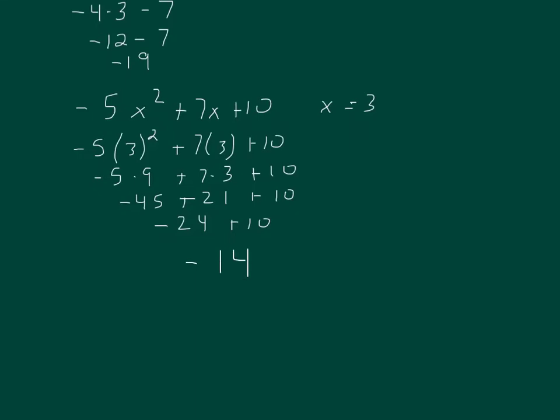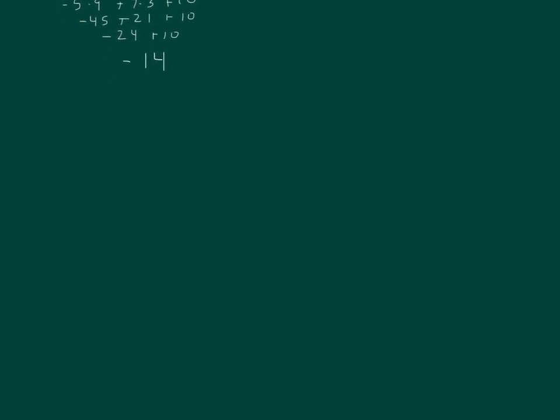There you go. And finally, we've got an x and a y value for these last ones. So let's get that out of the way. We have 2x squared y plus 5xy minus 4, and we have x equals negative 4 and y equals 5.